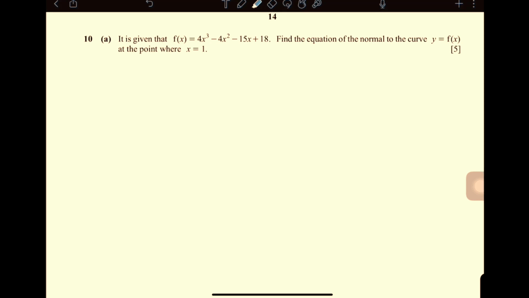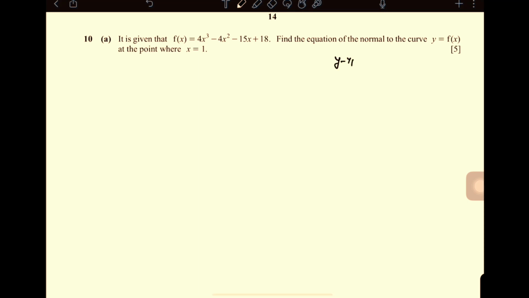This is question 10. It is given that fx equals to 4x cube minus 4x square minus 15x plus 18. We need to find out the equation of normal when x equals to 1. First of all, let us know what is the formula to find out normal.